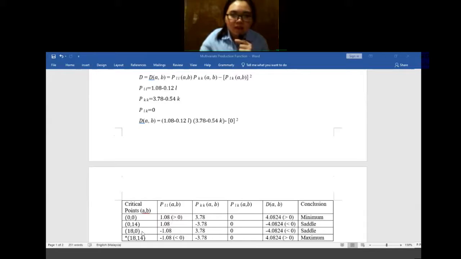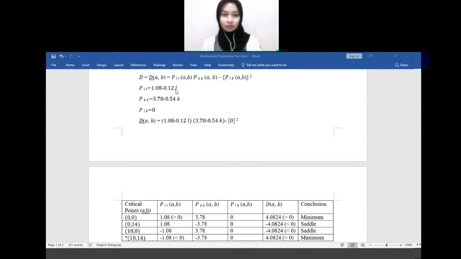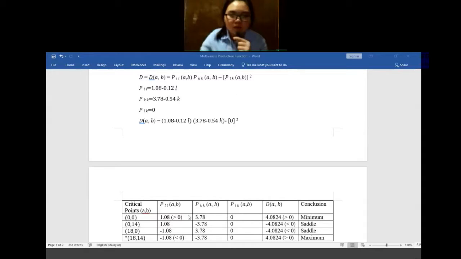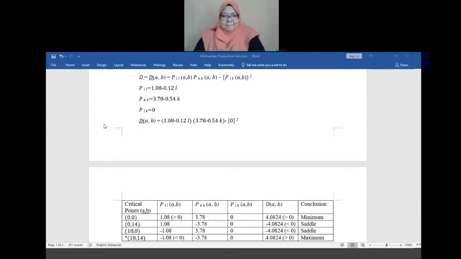Next also substitute 18 into this function, so we can get negative 1.08. And the last critical point also we substitute the point of the L is 18, so we can also get negative 1.08. So the next equation is also the same, we need to substitute the critical point into each function, so we can get the answer.